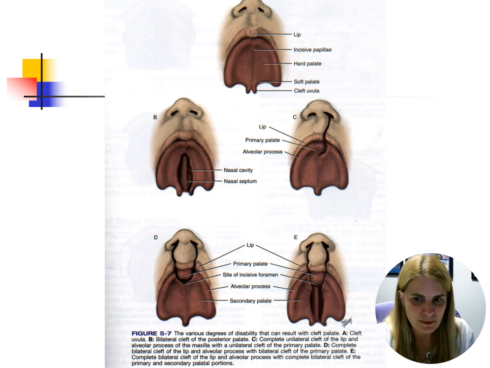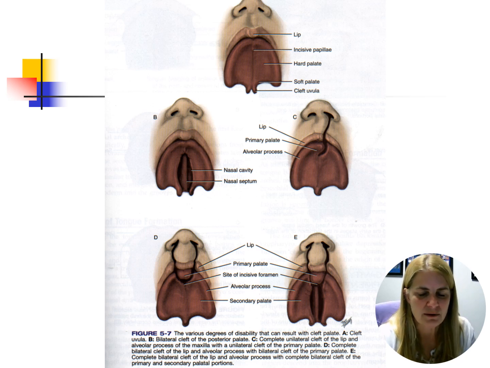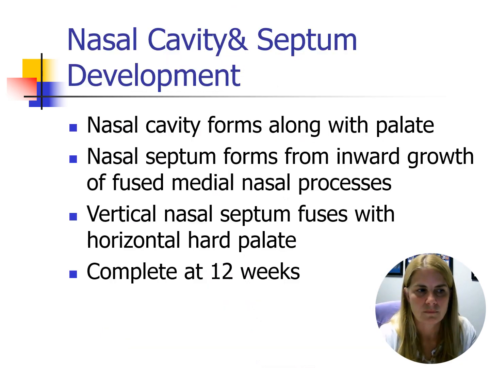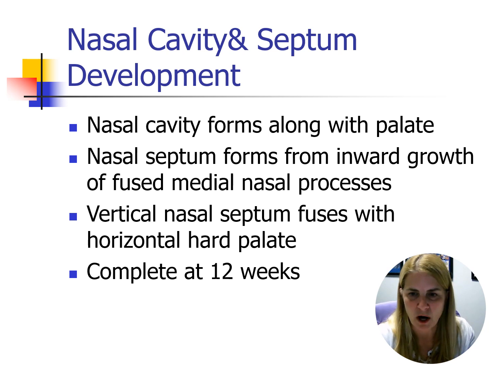And to me, it's just amazing that all of this happens before 12 weeks in utero. So before sometimes people even know that they were pregnant. So the face is already formed and the palate should be complete by 12 weeks. The nasal cavity is forming right along with the palate, and the septum is going to form from inward growth of the fused medial nasal processes.